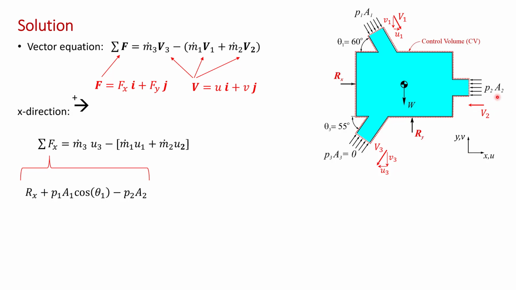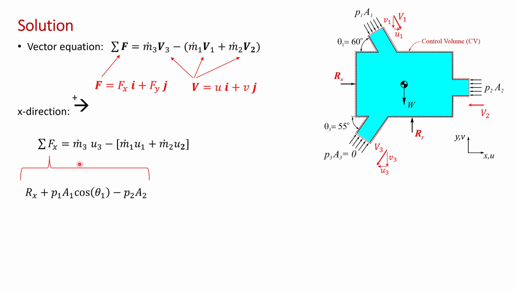P2A2 acts purely in the negative x direction, so it's minus P2A2. And notice here that there is no pressure force at the outlet. This is because the water discharges to atmosphere at point 3. And so the common assumption here is that at this location you have 0 gauge pressure, so no pressure force.